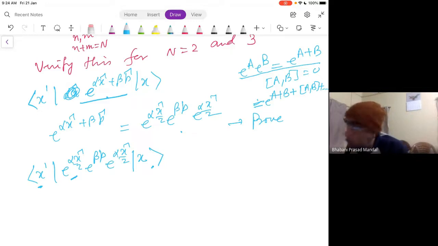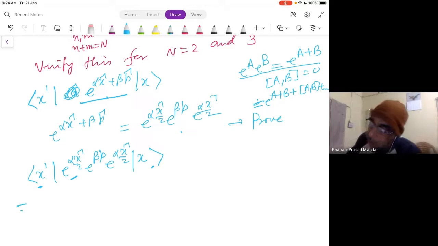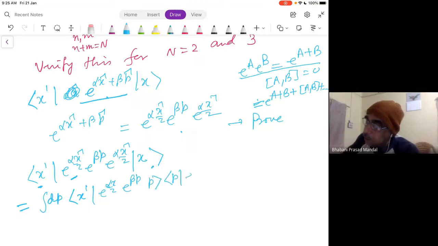And now in this we have to put the momentum space inner completeness relation, x prime e to the power alpha x by 2. This is fine, but what about p? So p we can deal with by putting the momentum space completeness relation.